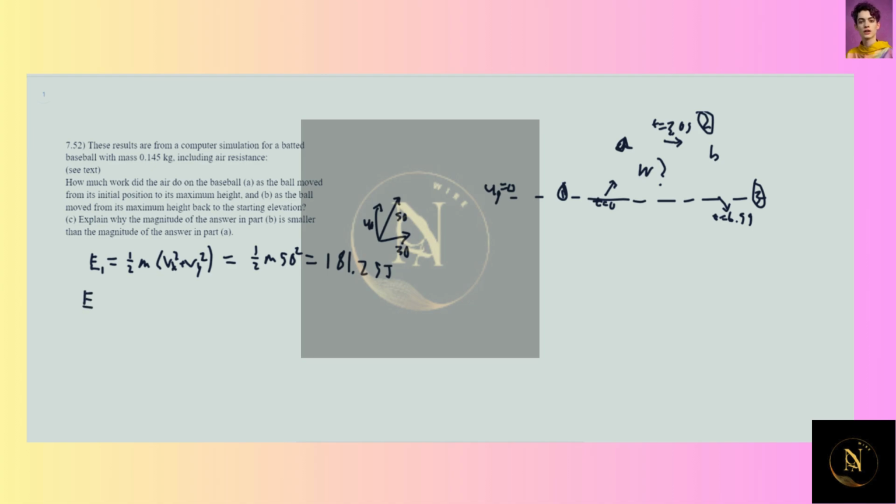Then the energy at point 2, at the peak. We have potential energy this time, so mass times gravity times the y position, which we're told is 53.6 meters. And we have kinetic energy because it's still moving in the horizontal direction, so plus 1/2 mass times velocity squared, 18.6 squared.